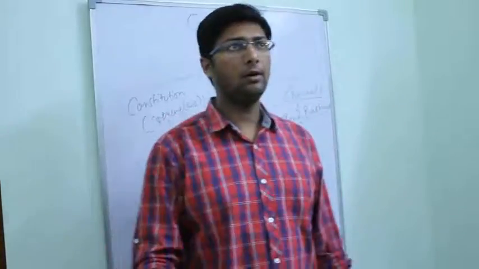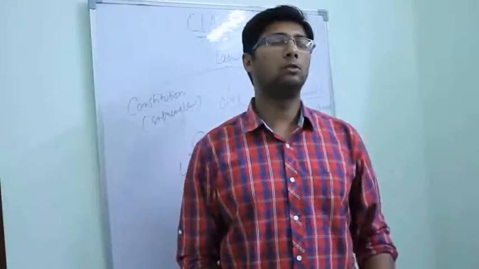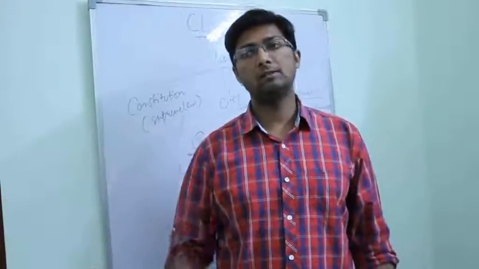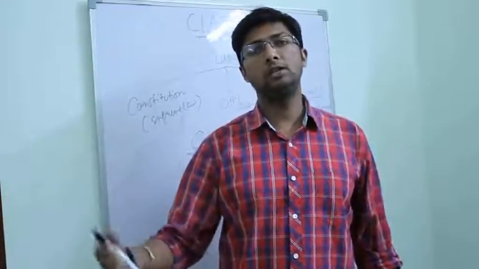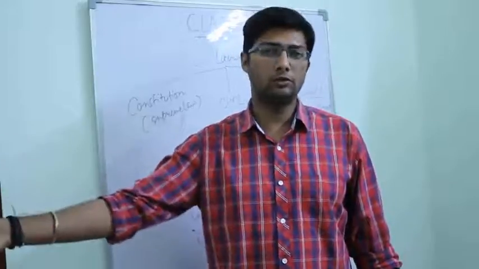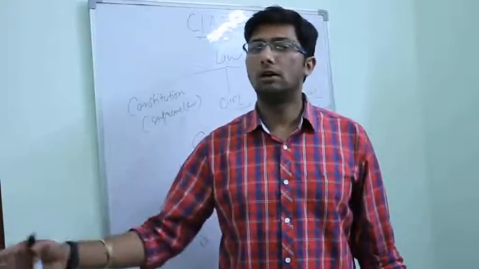So let us take an example of hurt. Under section 319 of the Indian Penal Code, hurt has been defined as: if any person causes bodily pain, injury, disease or infirmity to another person, such person is said to have caused hurt.